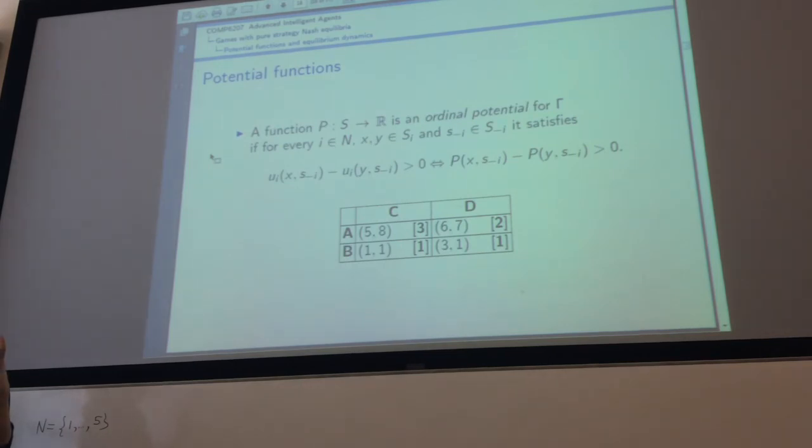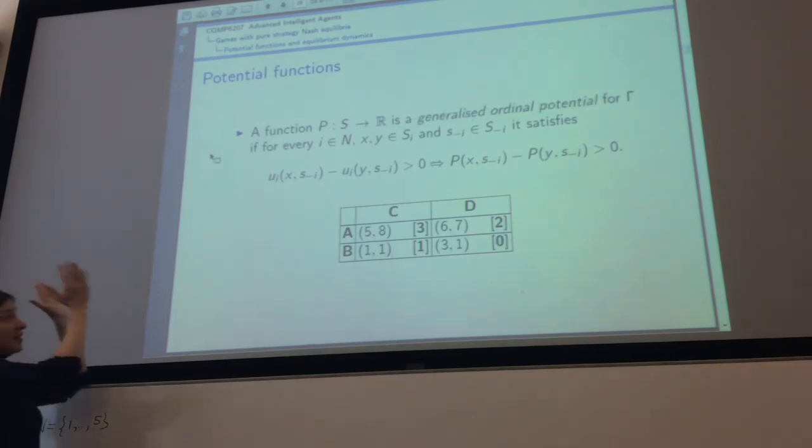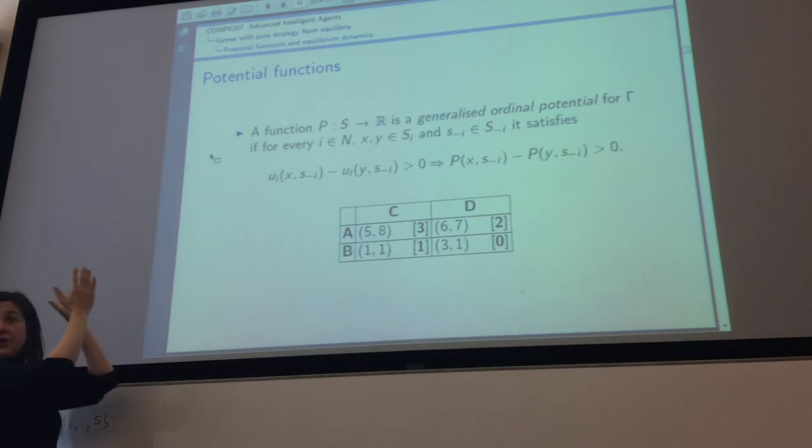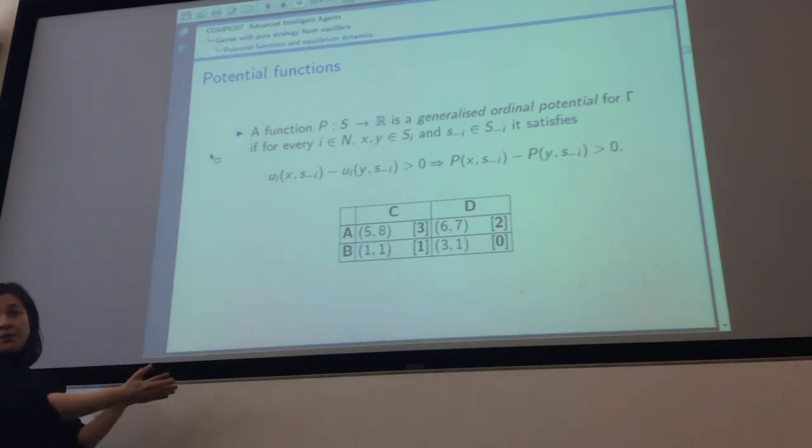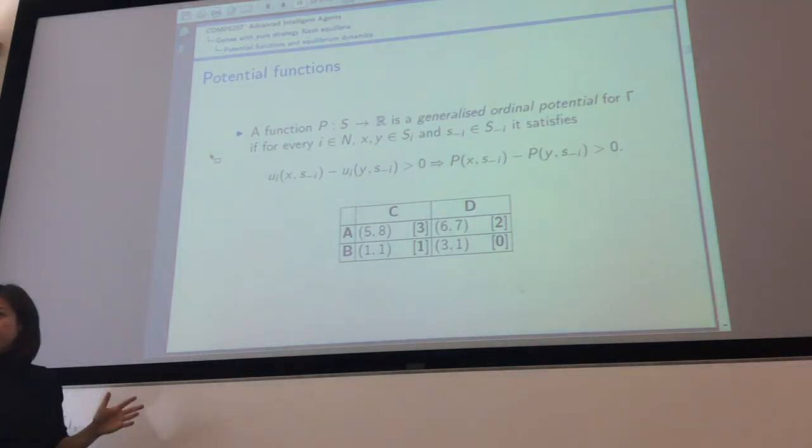The only thing that we have to satisfy at that point is that it's impossible that there is an agent whose utility grows around there. So it's enough to have only this direction of the condition. As long as there is someone whose utility grows from x to y, the potential function must grow as well. The other way around, we don't care.